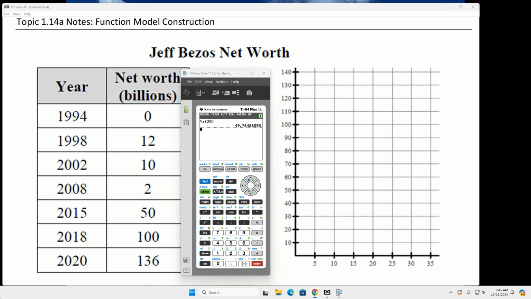There's more than one right answer, but for me, I would have X be the number of years since 1990. Alright, so then I'm just going to graph those as ordered pairs.